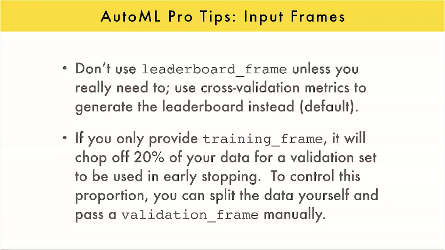Maybe we'll change that in the future. Then you can just split your data however you want using the H2O split frame function and pass along a validation set manually. So you have control over what is used and how much data is used.